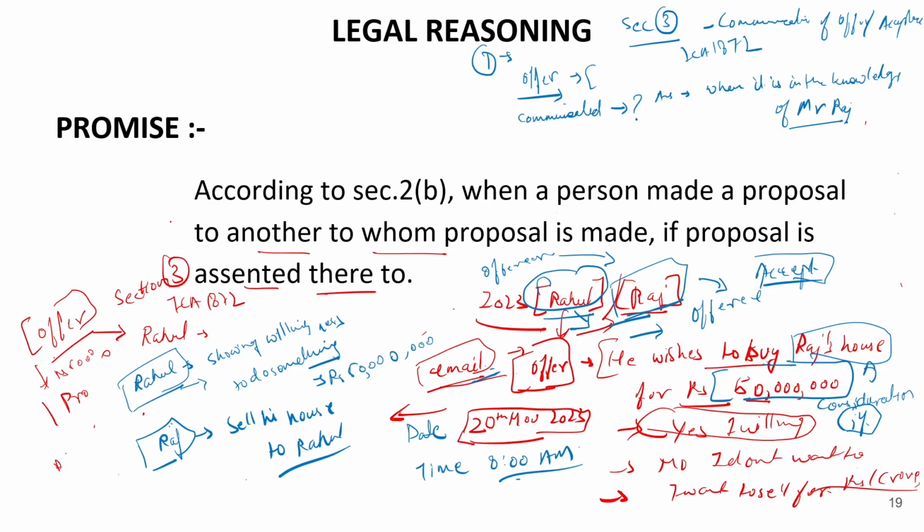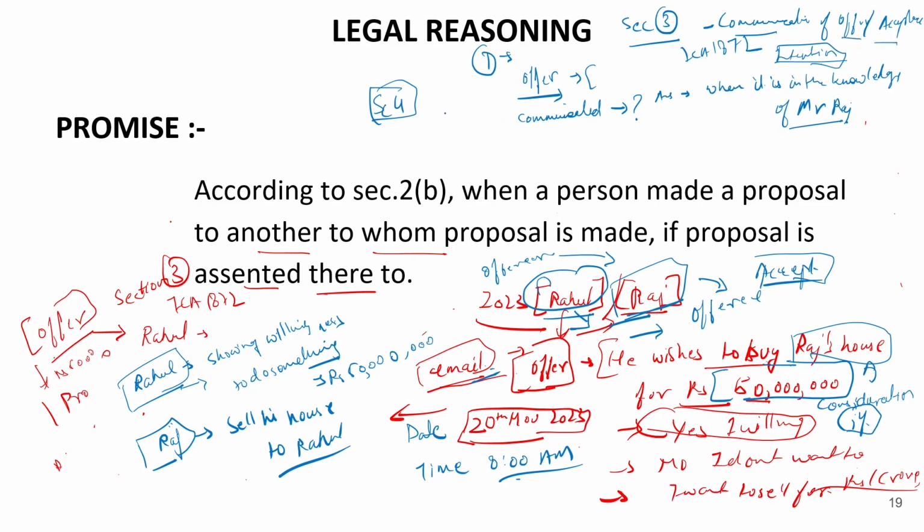So an offer is communicated when, according to section 4, we are talking here of section 4. Section 3 says that communication of offer and acceptance should be intended. There should be an intention to communicate the offer and acceptance, and revocation also. But here we are only limiting ourselves to offer and acceptance.